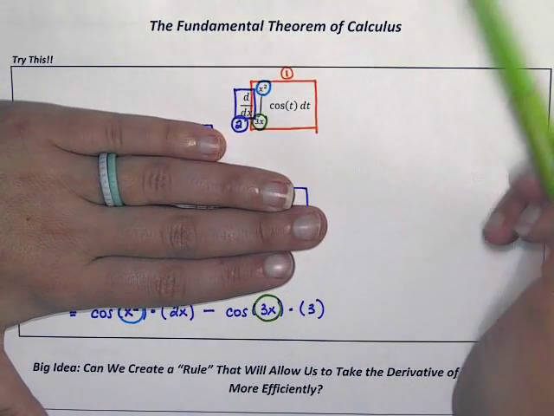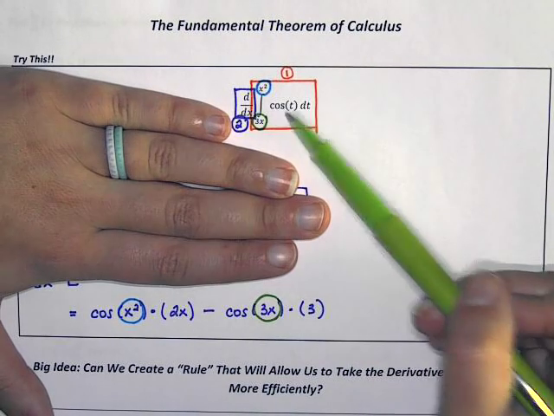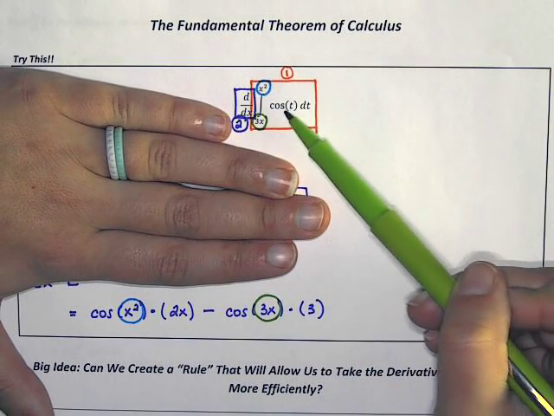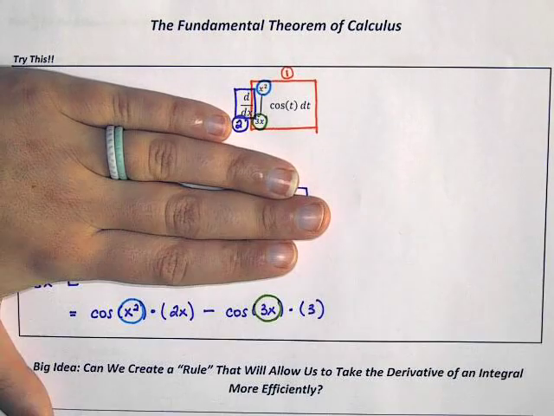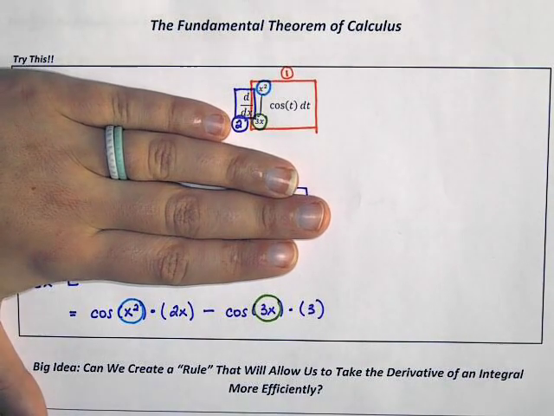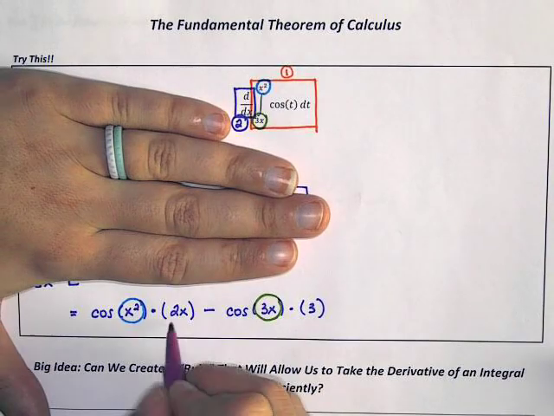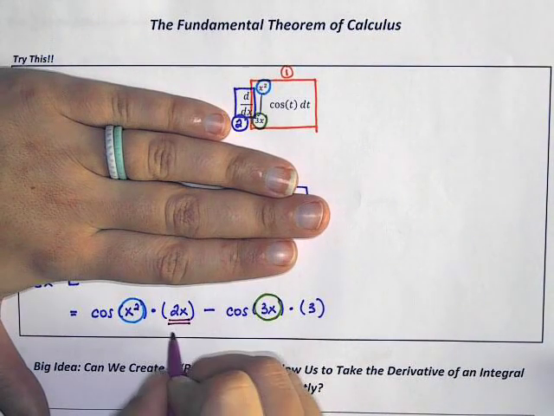So if I'm trying to make connections between what I started with and what I ended up with, I'm going to keep the function the same, and I'm just going to plug in my upper and lower bounds. But then I also need to remember that I did chain rule. Now, when I did chain rule, what I saw was that I needed to attach the derivative of the bound.